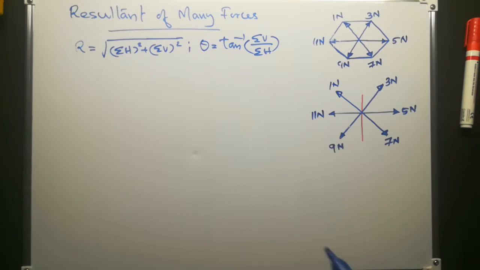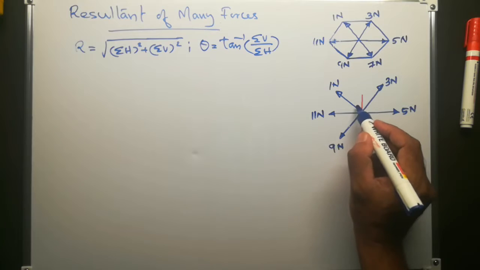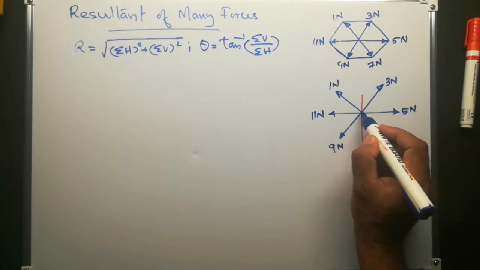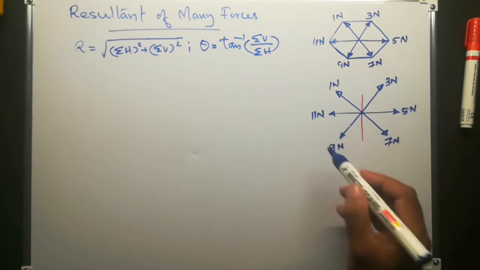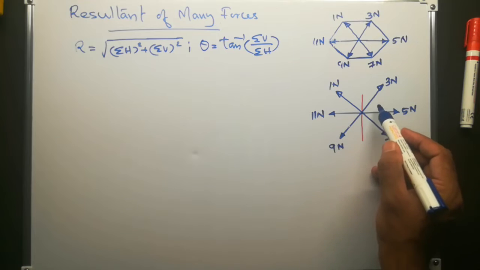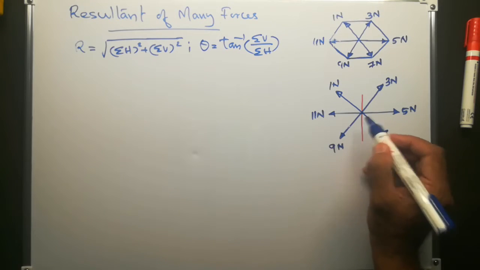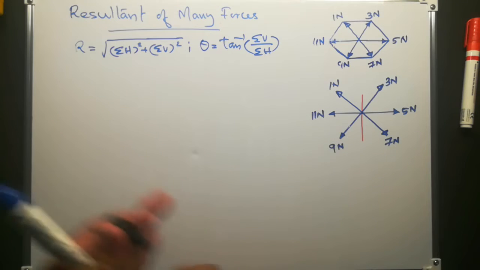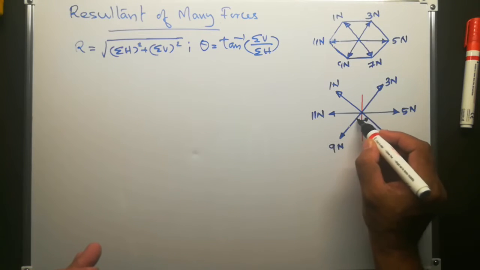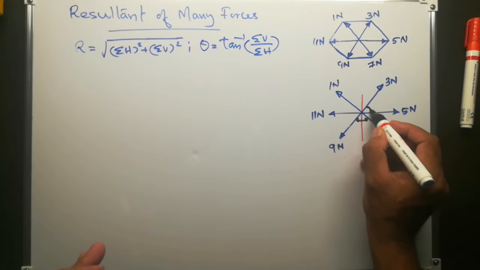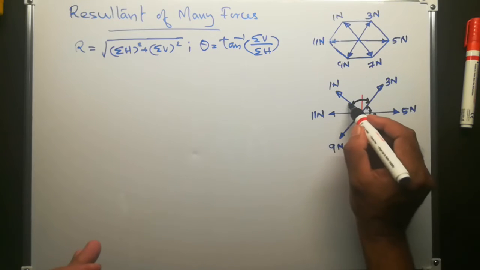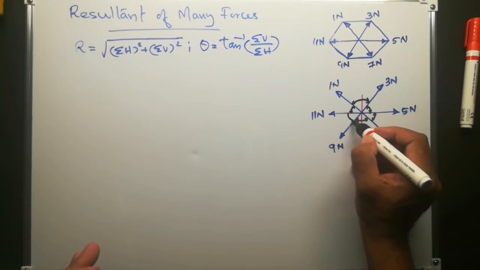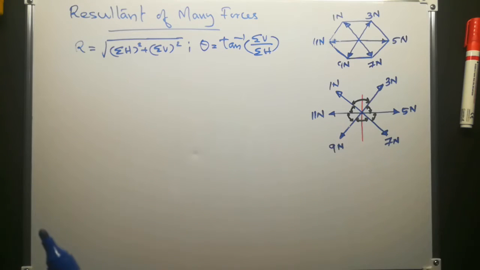So we have a total angle of 360 degrees at this point. In between the forces there are 6 angles, numbered 1, 2, 3, 4, 5 and 6. How can we find the value of these angles?